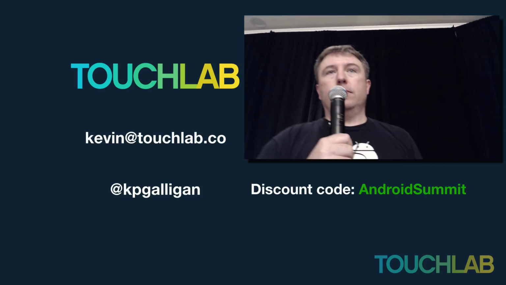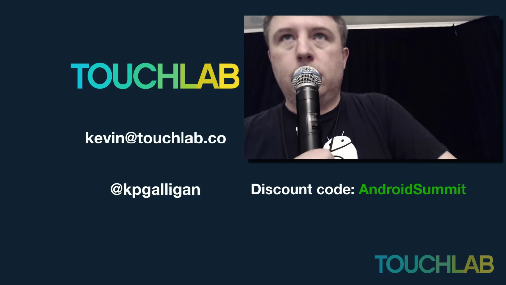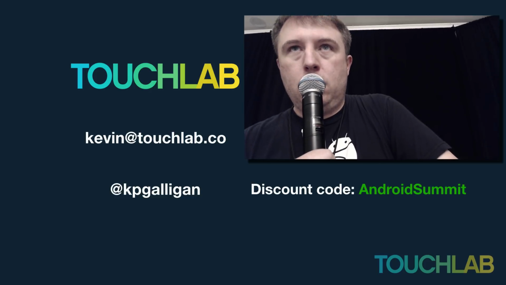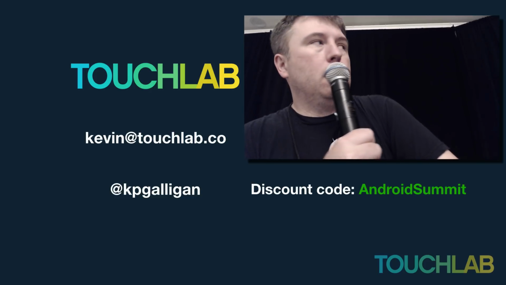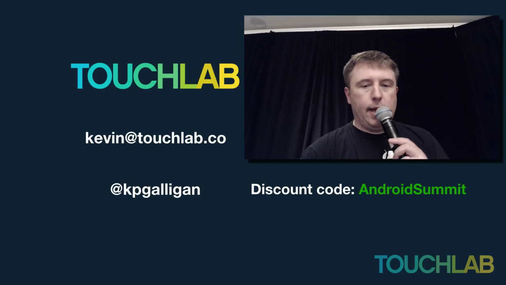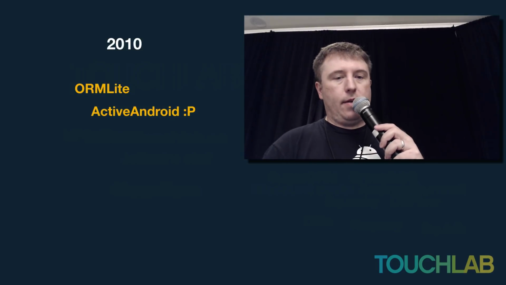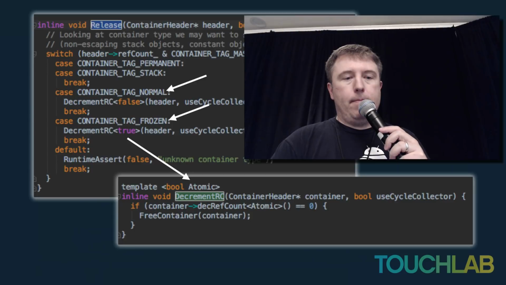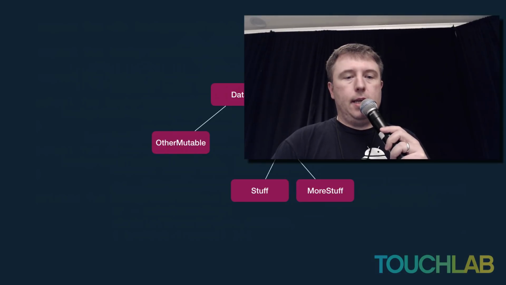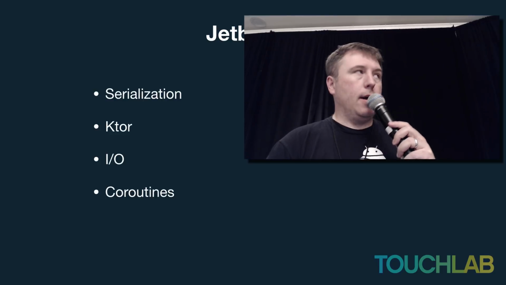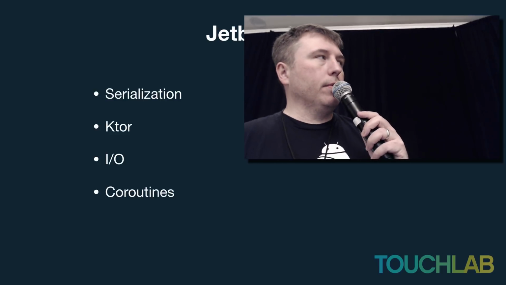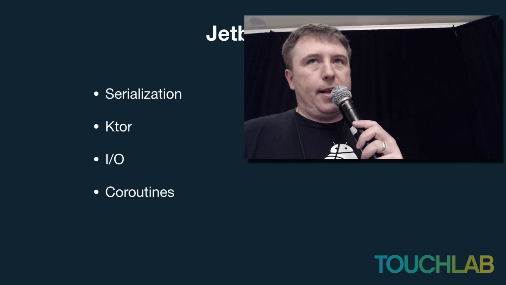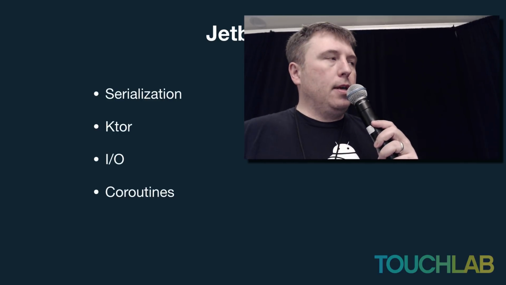Question? Yes, what about network requests? Is there going to be a plan to have networking? Yeah, we can. KTOR is a JetBrains thing. The reason it's not in our thing is because it uses coroutines, and coroutines all run on the main thread on native right now, which defeats the purpose.